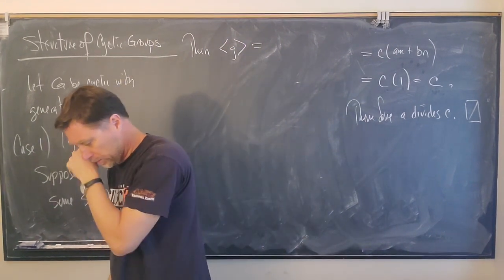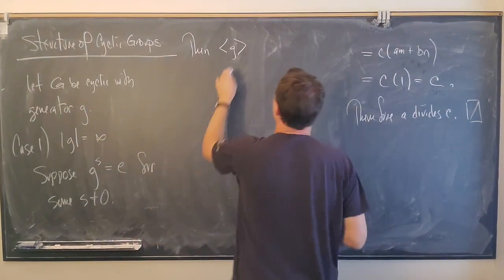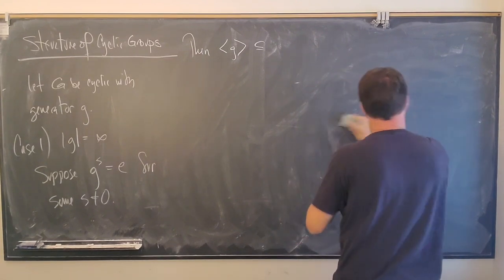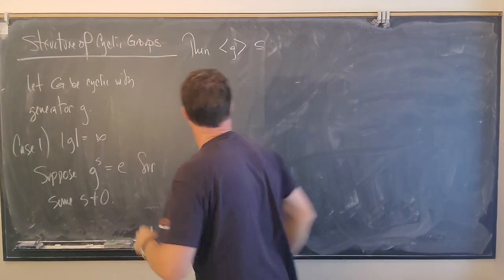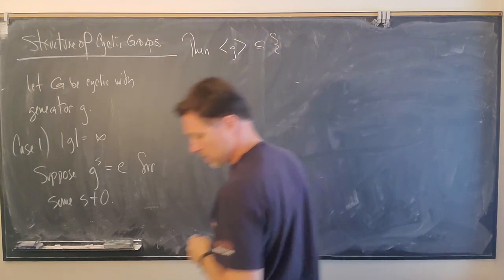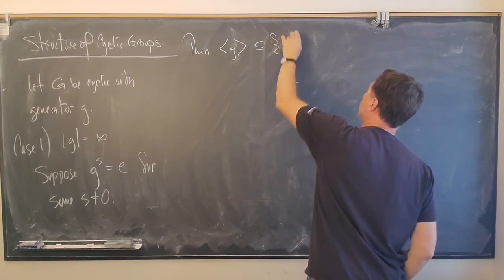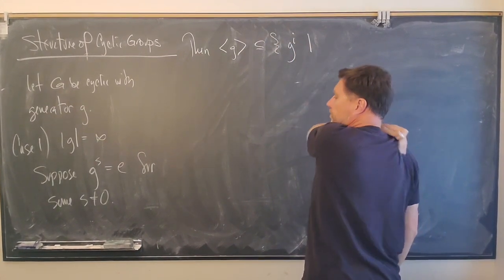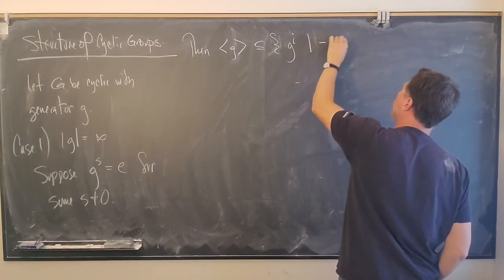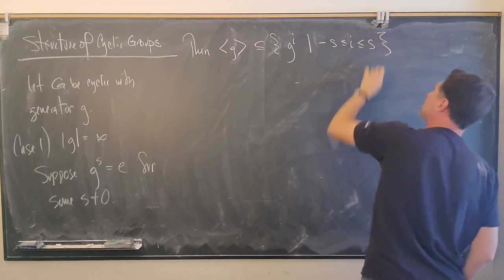It's going to be contained in the set of all things of the form g to the i, where i is between plus and minus s.